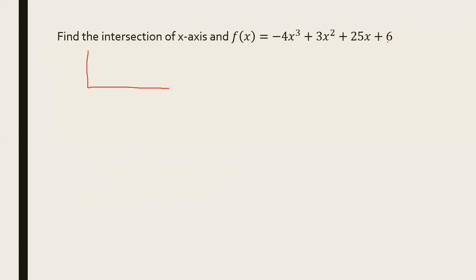Which number, if I put inside this function, makes the remainder 0. The constant number is 6, and the factors of 6 are 1, 2, 3, and 6 as well.